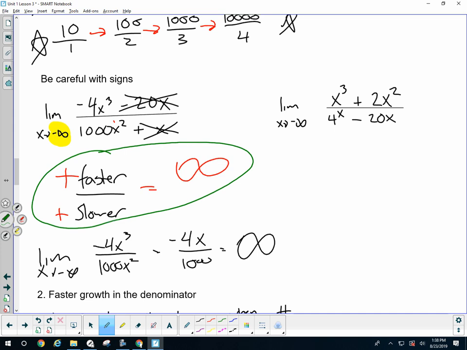Be careful here. Don't cross off the 20x. Why? Discuss with your neighbors. Why? I'm not going to cross off the 20x.